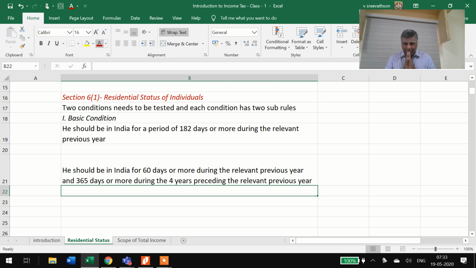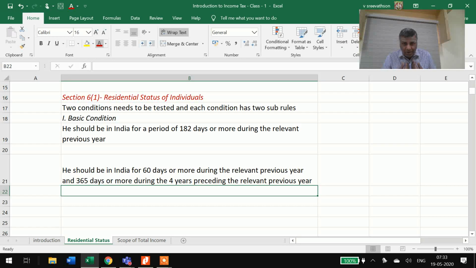Basic condition 2 says he should be in India for 60 days or more during 1920 and 365 days or more in the 4 years preceding 1920.